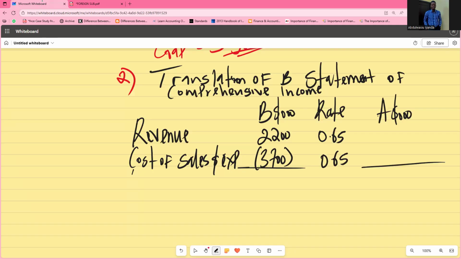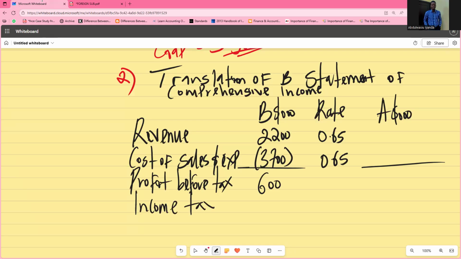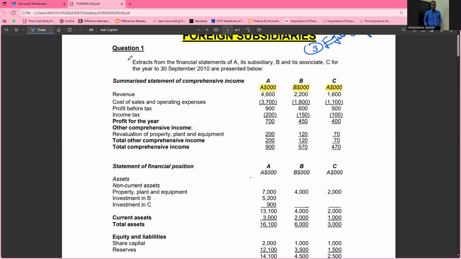Then you get your profit before tax. This 600. Then you do your income tax, which is 150. Let's check. The income tax, oh sorry, so 600 less 150 is 450.